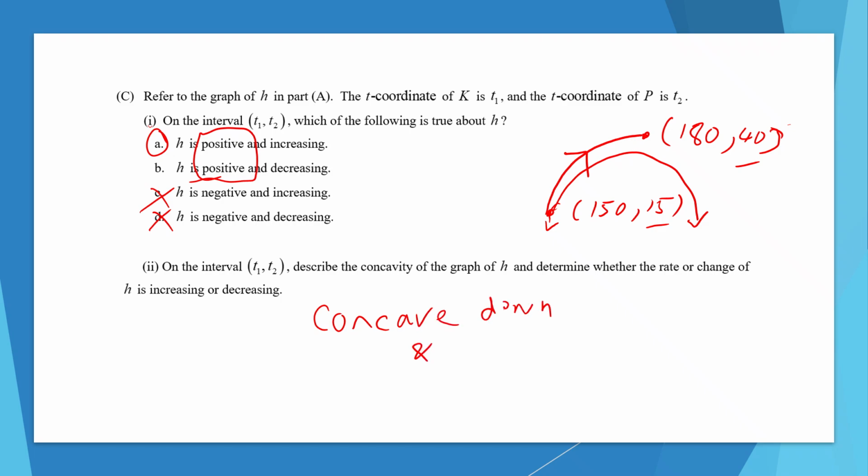And then you can add on somewhere on the page something more specific than just saying increasing or decreasing: concave down and the rate of change of h is decreasing.